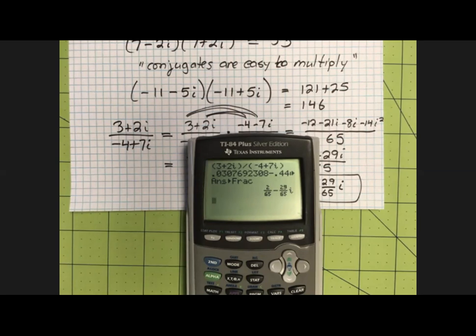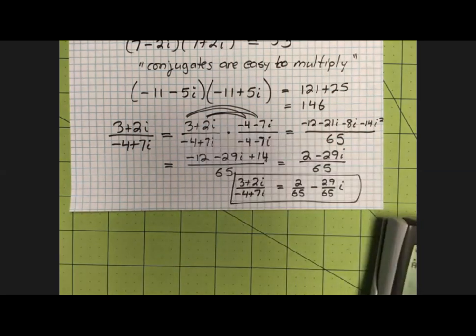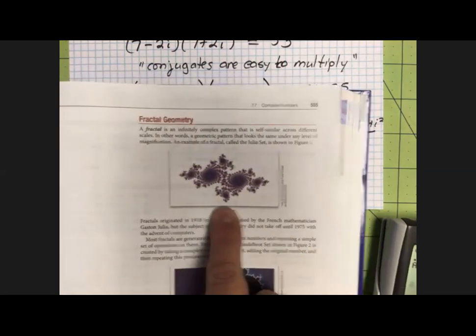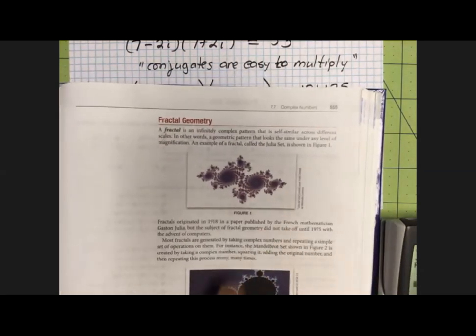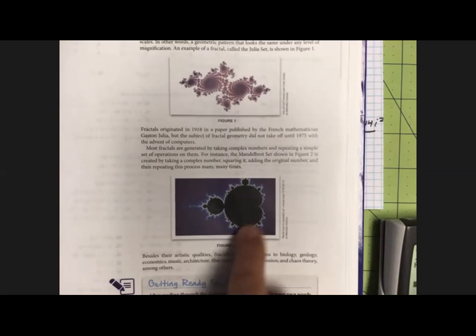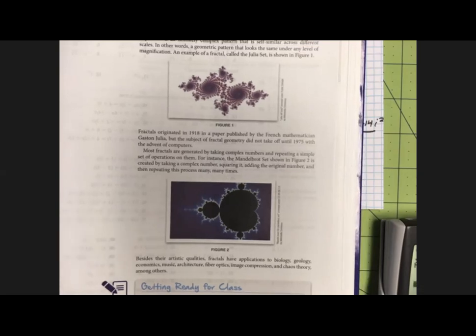Okay, you guys go have fun with this. Complex numbers show up in other interesting places called fractals and fractal geometry. And I'm not sure I'm going to spend too much time there. He just put it in there to entertain you. In this sense, what is a fractal? What is fractal geometry?